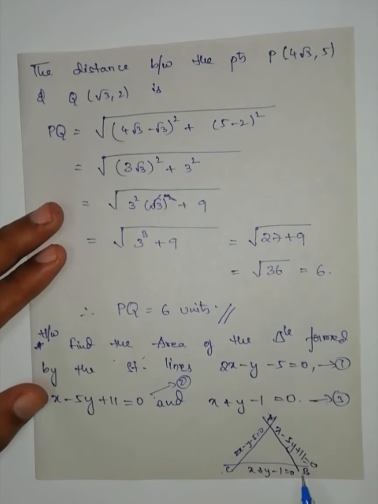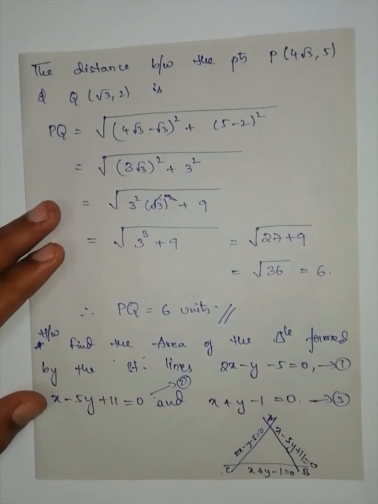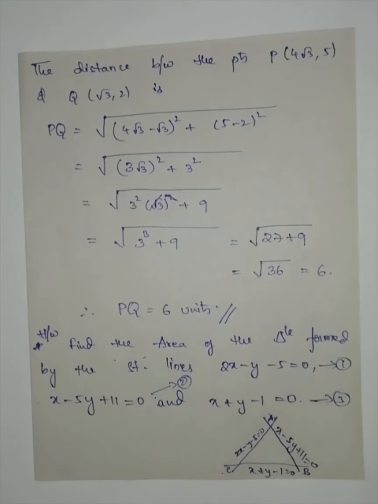After finding the three vertices, we already know the formula for the area of a triangle. We have discussed it before starting the first unit: the area of a triangle whose vertices are A of x1 comma y1, B of x2 comma y2, and C of x3 comma y3 is half modulus of the determinant with first row x1, x2, x3, x1 and second row y1, y2, y3, y1, and you can simplify.